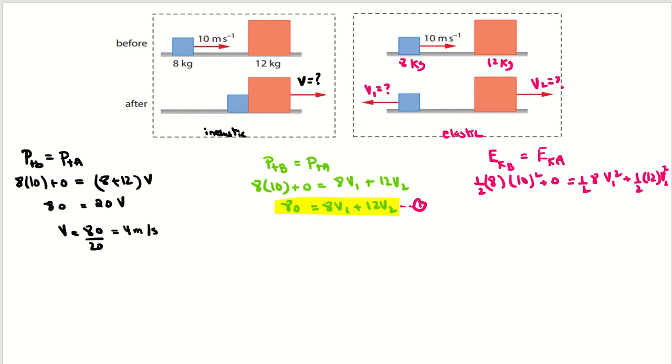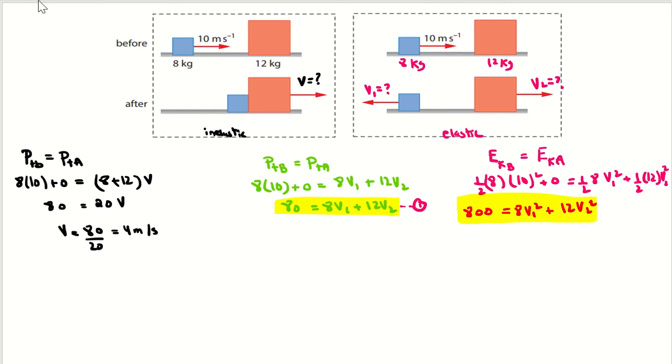I can remove the halves from all of them, so this is going to be 800 equal to 8 v1 squared plus 12 v2 squared. So this is the second equation, as you can see. Of course, you can simplify it a bit, but mainly this is the second equation.